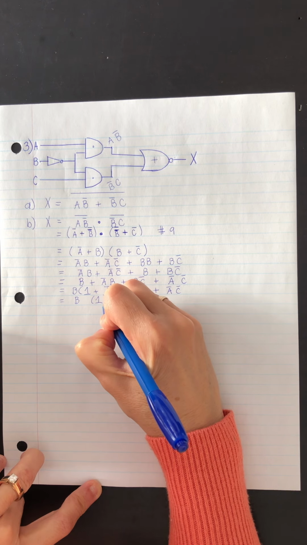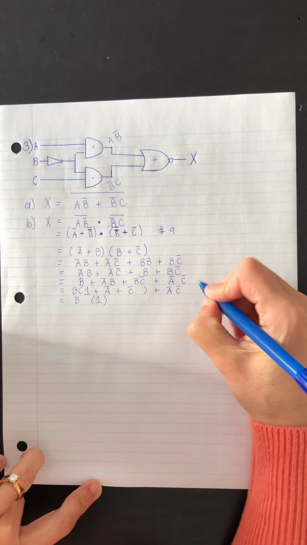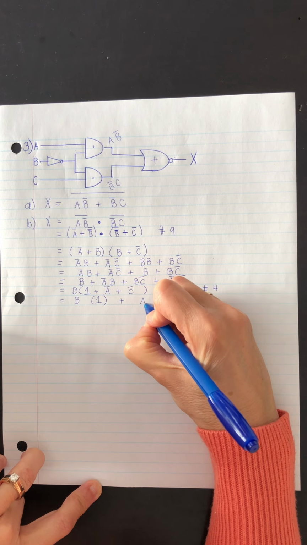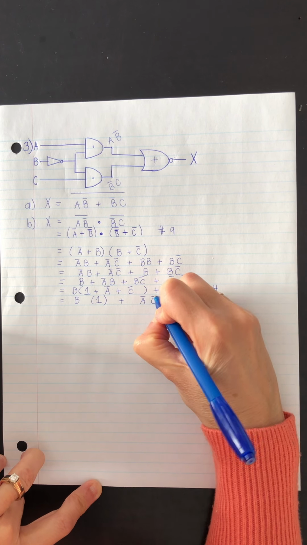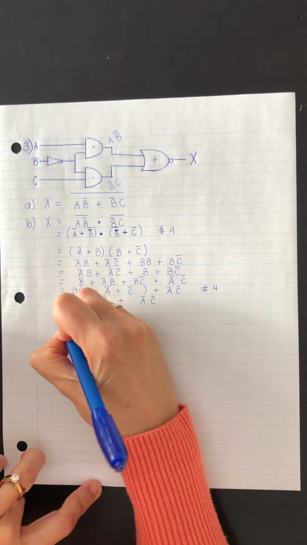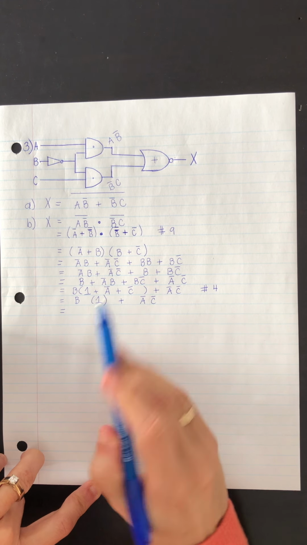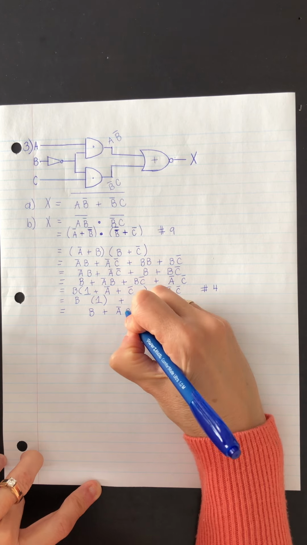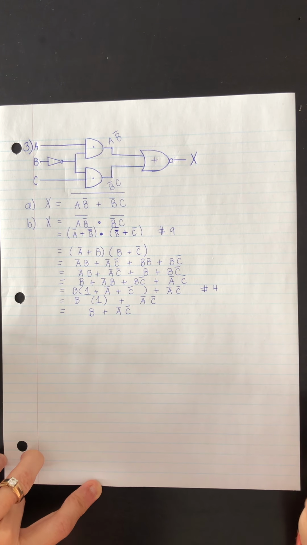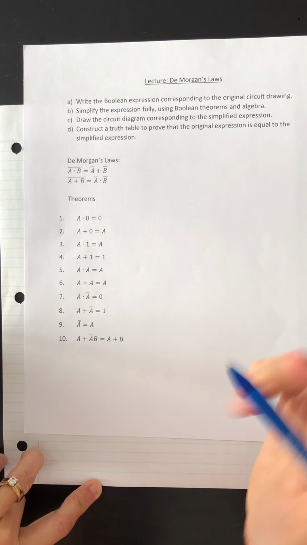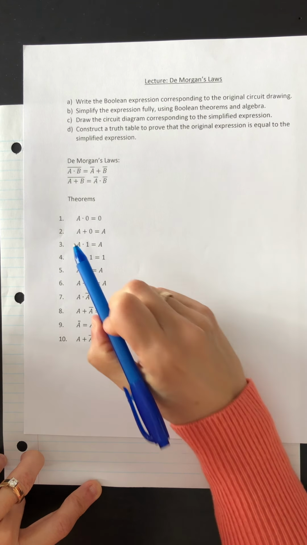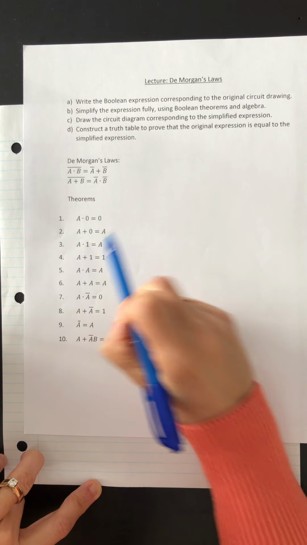So again, the rule we used there was number 4. Now we have B times 1, which is B. B times 1, which is B, and that is also here. Rule 3 would say that B times 1 is B.